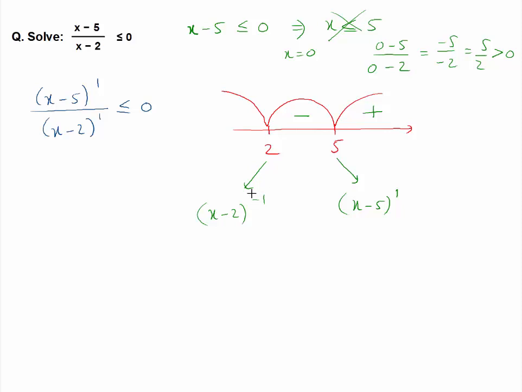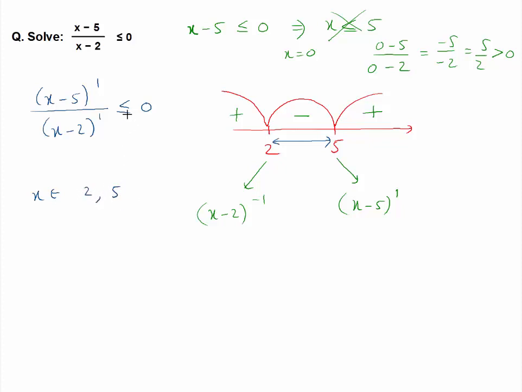This power is also odd, so there will again be a sign change while crossing 2. So our answer would be between 2 and 5 because we want the negative part of it. Therefore the solution would be x belongs to 2 to 5.